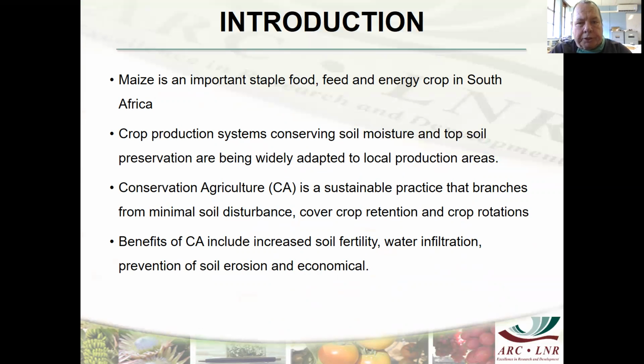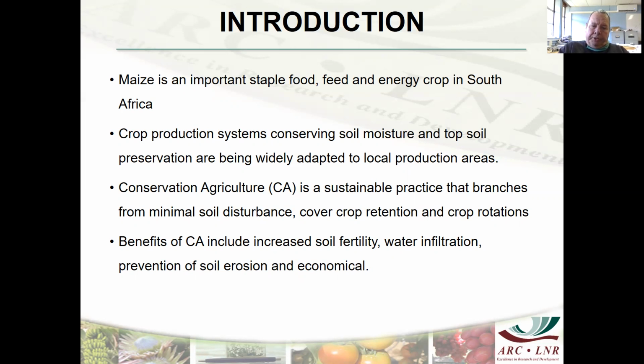Just to give an introduction to the topic, as you know, maize is an important staple food, feed and energy crop in South Africa. Crop production systems conserving soil moisture and topsoil preservation are widely adapted to production areas in South Africa.